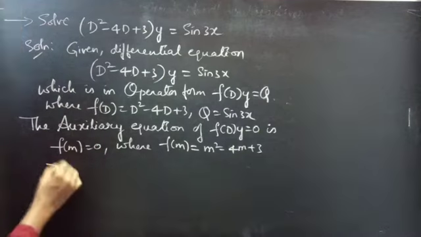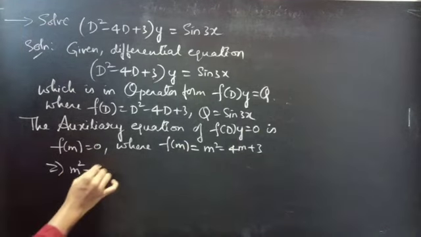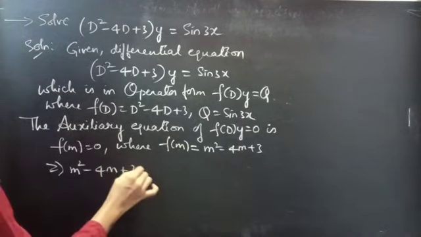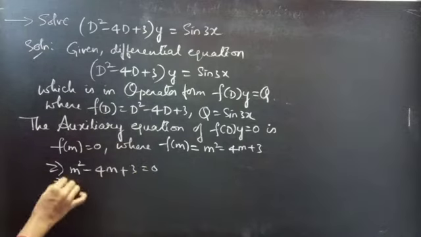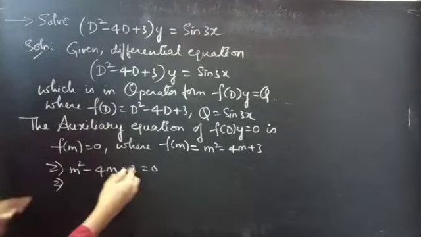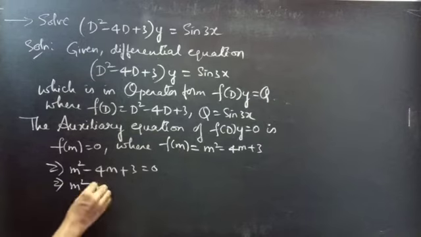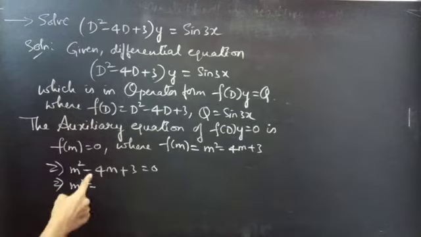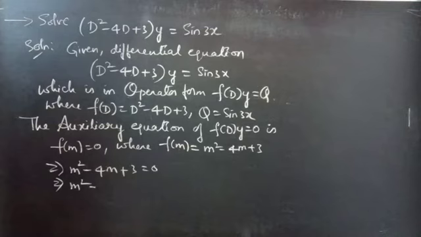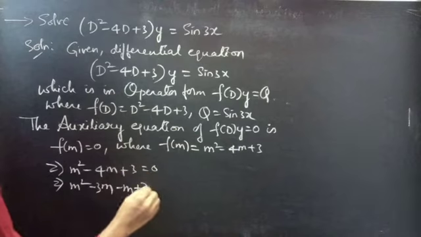Then our auxiliary equation will be m square minus 4m plus 3 equals to 0, right? We can factorize this polynomial. Now you can split minus 4m as minus 3m minus m plus 3 equals to 0.